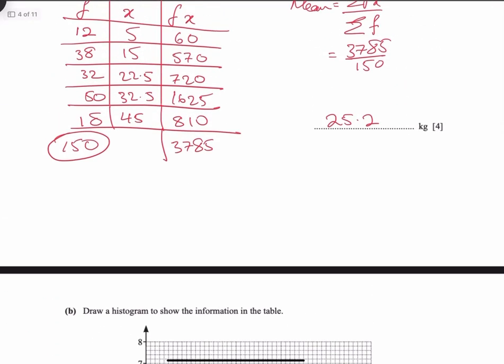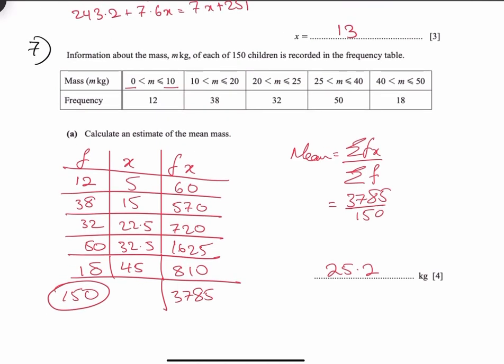So frequency over class width here, let's go with the frequency is 12, class width is 10, frequency density is 1.2, frequency density is 3.8, frequency density, let me say 32 over 5, 6.4, 50 divided by 15, 3.3, 18 divided by 10 is a 1.8.